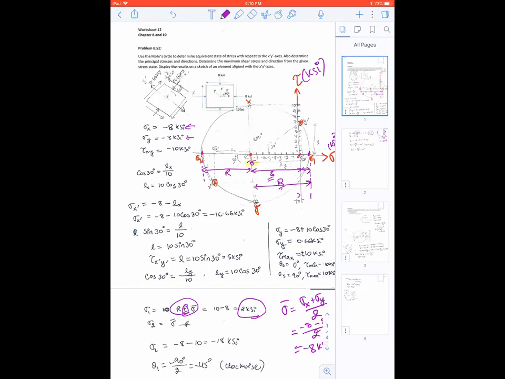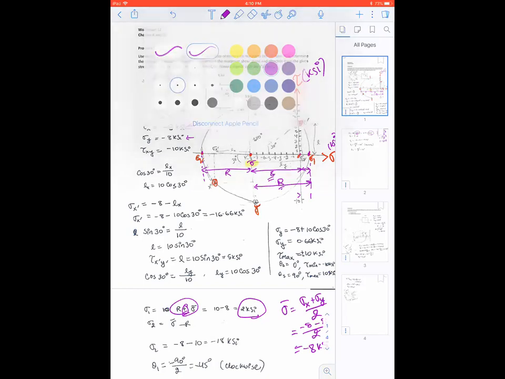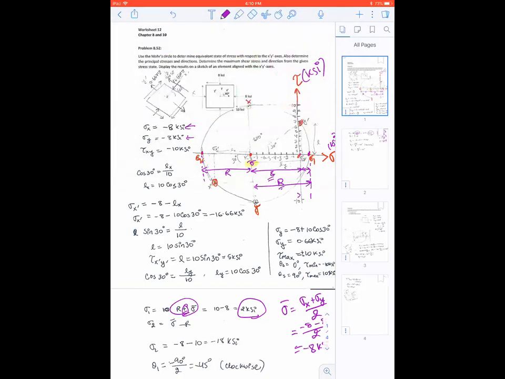Okay, so you just have to add the values. So from here to here is the radius. Your sigma bar is -8, and minus this radius value will give you the total value all the way from the origin to where you have your sigma 2.